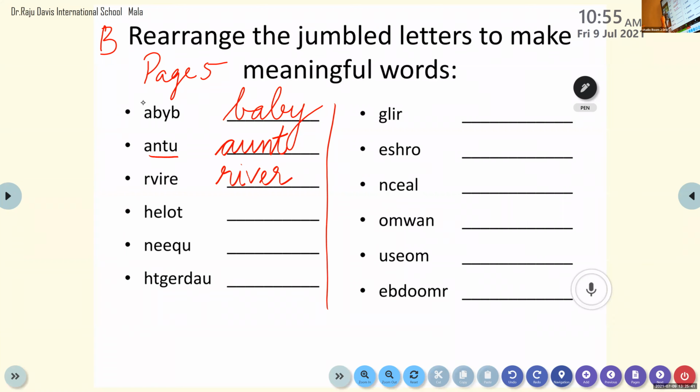We have to rearrange the letters so as to make a meaningful word. What is this? Hotel. Okay. H-O-T-E-L. Hotel. Yes, all of you please do write it.